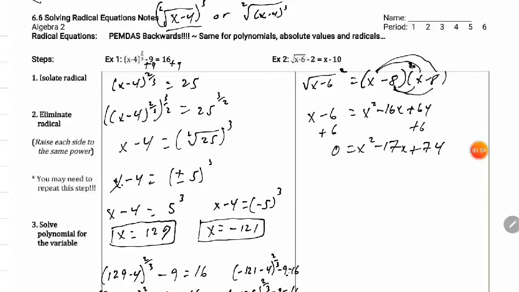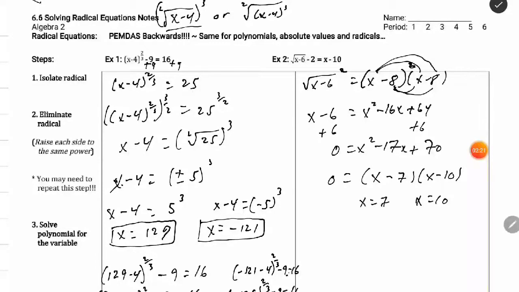Or, sorry, 70. Okay. And then this can be factored. X minus 7, x minus 10. So we have 2 solutions. X equals 7. X equals 10.